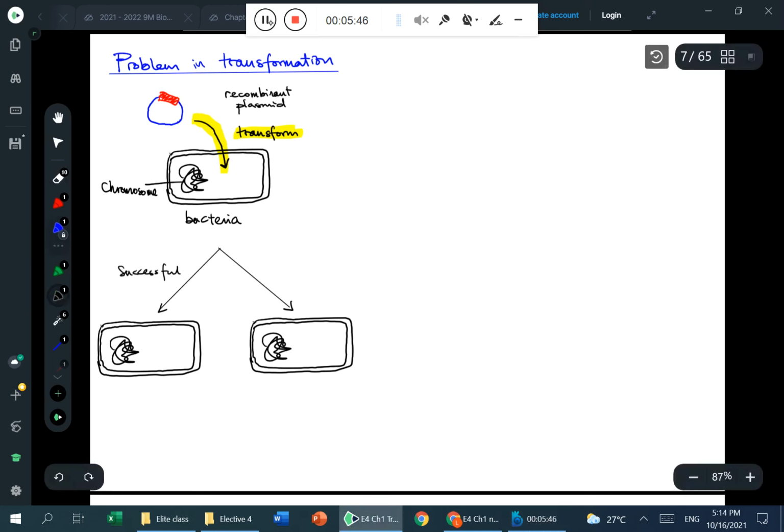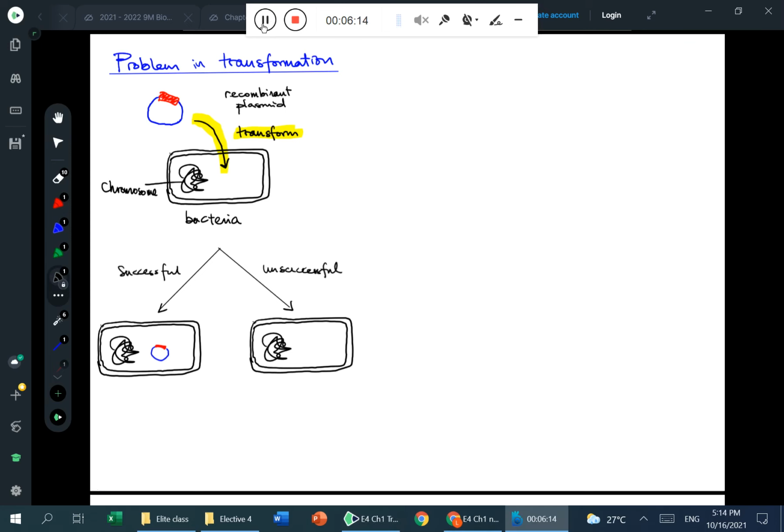If the transformation is successful, the bacteria would have one or multiple copies of the recombinant plasmid present in the bacteria. While if the process is unsuccessful, then there will be no recombinant plasmid in the bacteria. So let's give them a name.